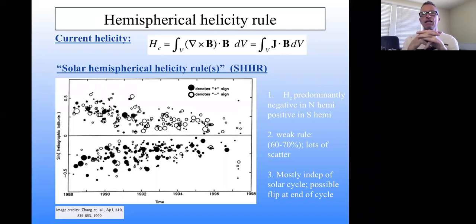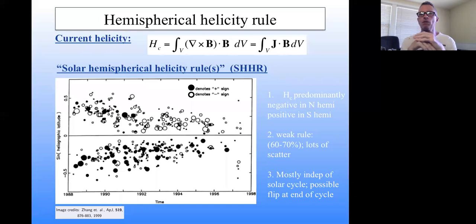Now, the intriguing thing about the sun, from these measurements, is that if you measure the helicity of active regions, they also appear to follow some rule. These are called the solar hemispherical helicity rules. The helicity is measured in this way, of which there are many details, but we're glossing over those.